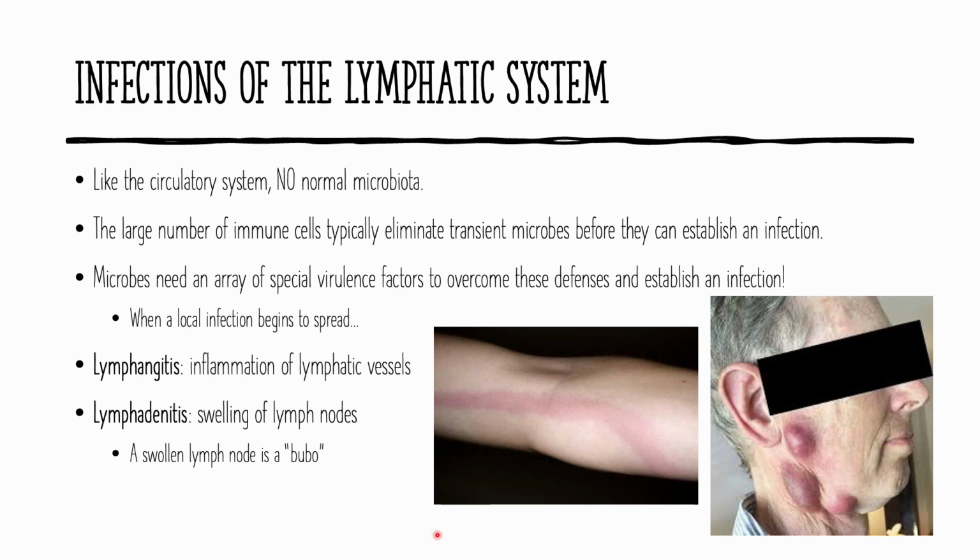So that is interchangeable. This will come up again in a little bit because bubo should sound familiar to you, since you've probably heard of the bubonic plague. That's where it gets its name from, the development of those buboes or swollen lymph nodes as a result of that disease.